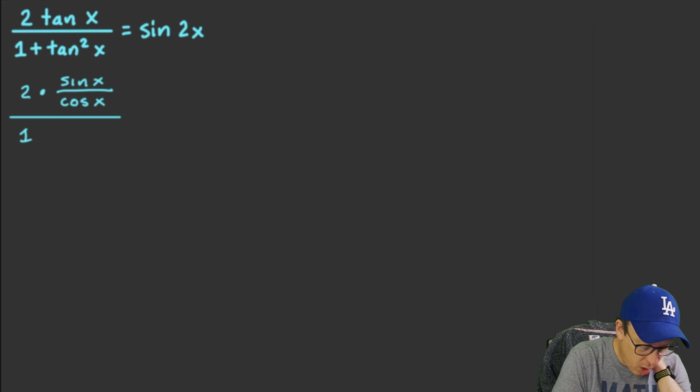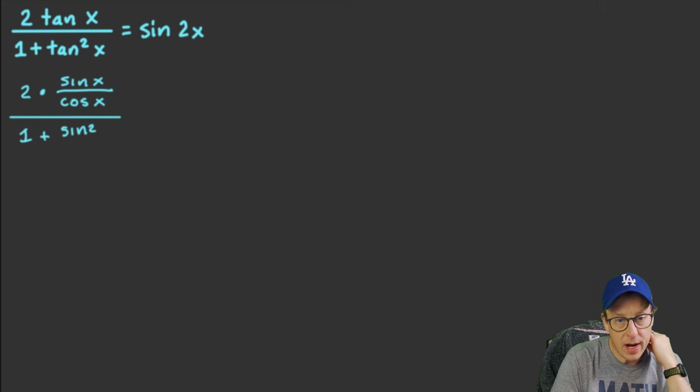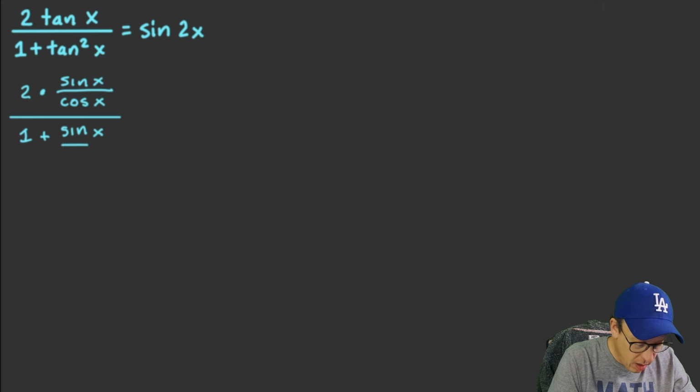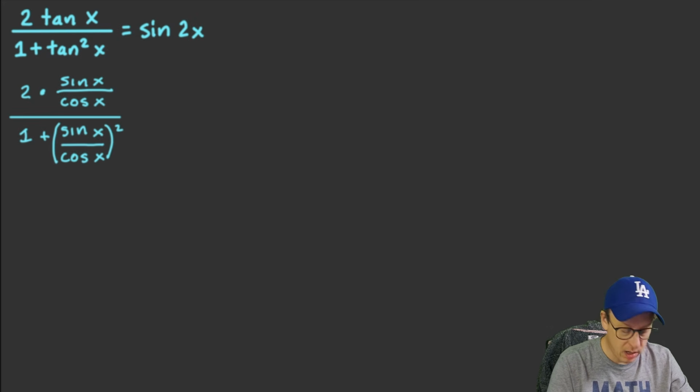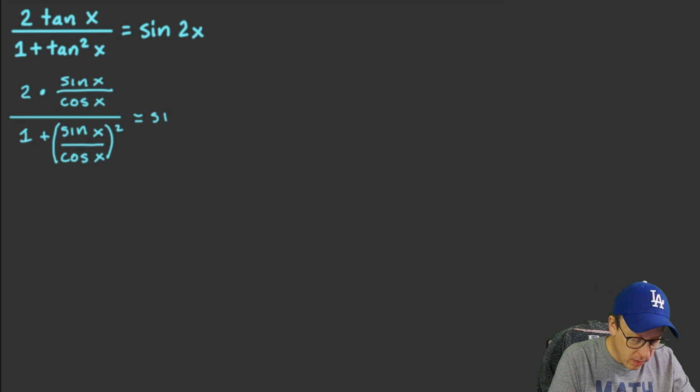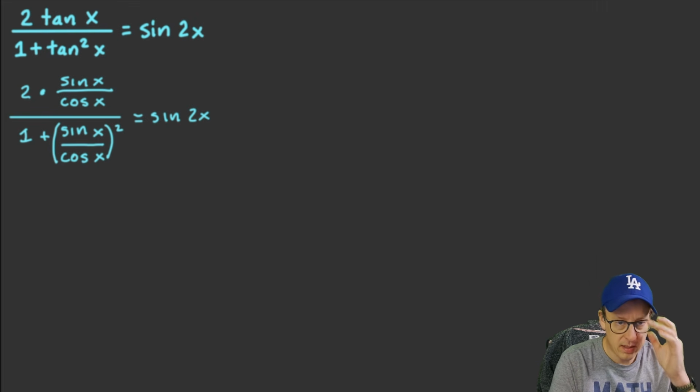This is going to become 1 plus the sine squared, or you know what, I'm going to get rid of this part. Sine of x over the cosine of x, put this in parentheses, and then this would be squared, is going to be equal to the sine of 2x.